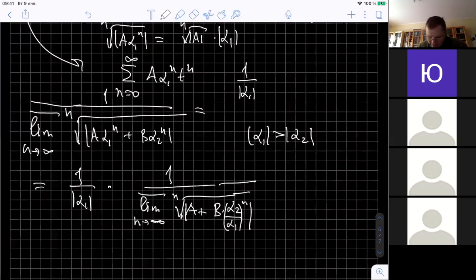So this part tends to 0, and the nth root of modulus of a tends to 1. So the whole sum will tend to 1 over modulus alpha 1.